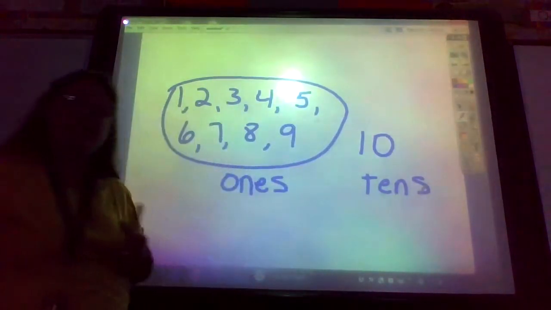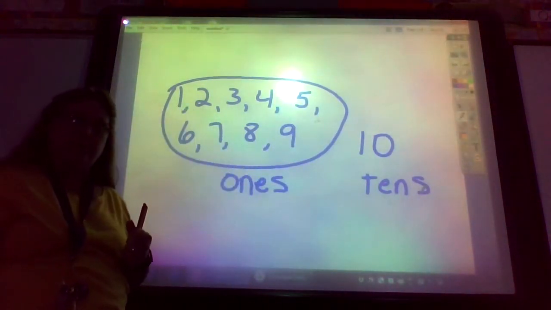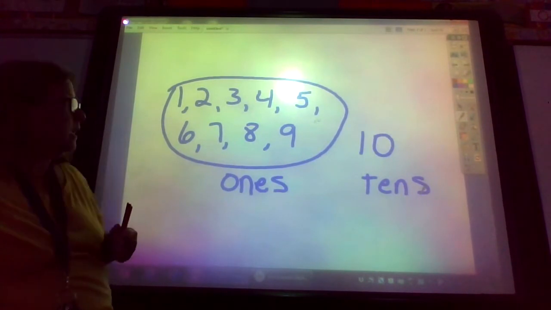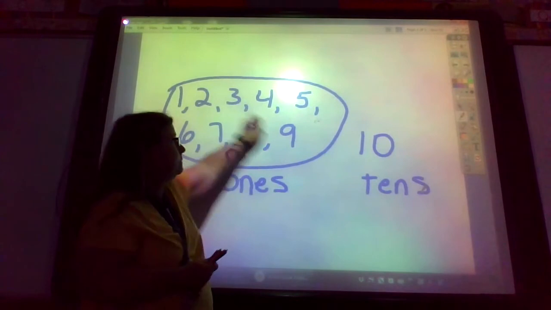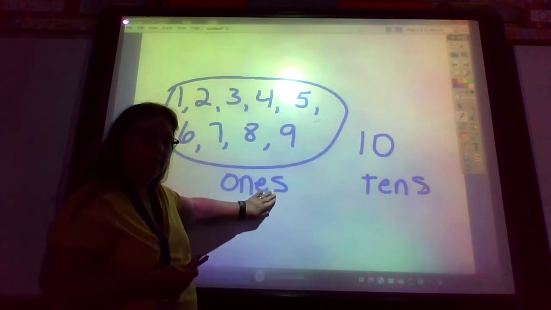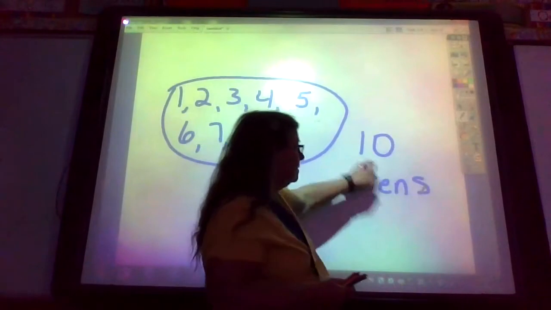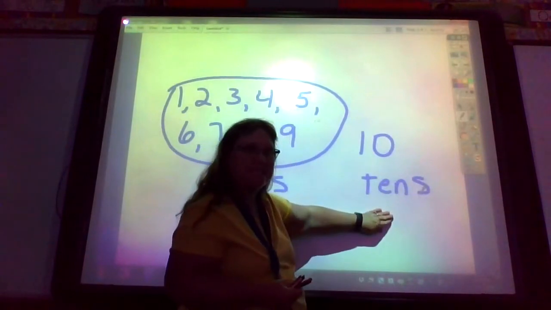I now have 10s. So, any number up to 9 by itself is a 1s. Once I get to 10, I begin to have 10s.